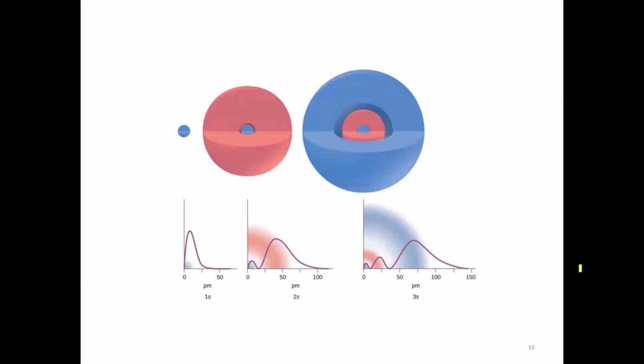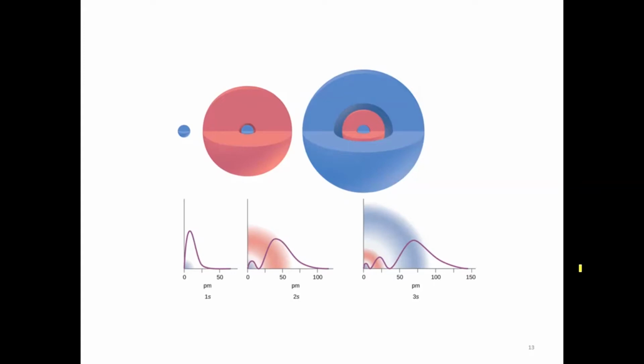In the radial probability graphs that you see on the bottom, you can see how in going from the first example to the second one to the third one, there are multiple peaks, multiple regions of higher probability. And actually, the bigger the value of n, 1, 2, 3, the farther away the largest peak is.